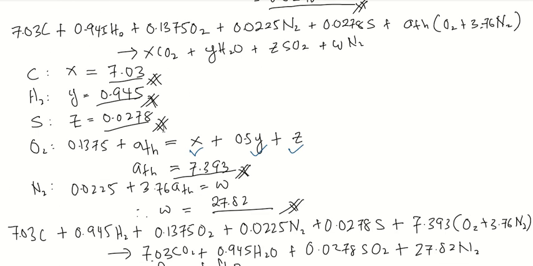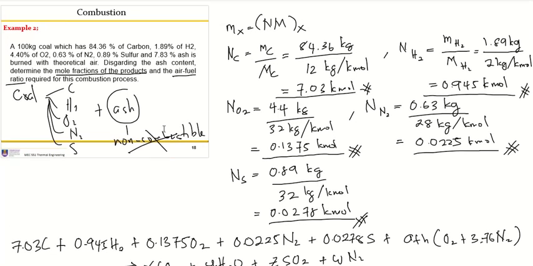Basically from this example, what you learn is about the non-combustible. When you have a non-combustible as part of your total fuel, we just ignore it.